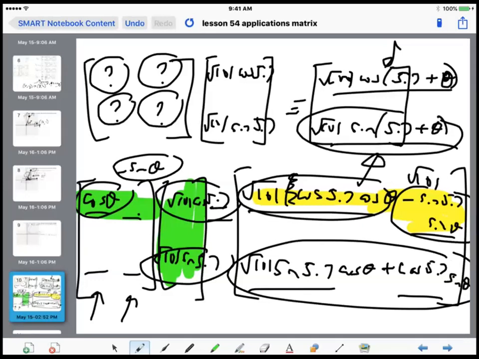I realize this will be better if I write it as cosine 5.7 sine theta. It's equivalent, but it will be better for our purposes, I think.